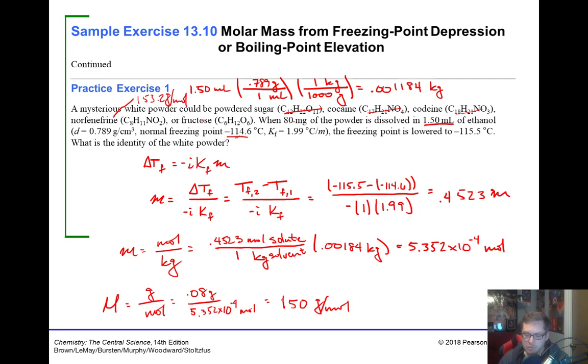Let's try fructose just for grins: 12 times 12.01 plus 12 times 1.01 plus 6 times 16. You get 180, as I expected. So norepinephrine then. The white powder that we had would be that one. That's the identity. We did it.